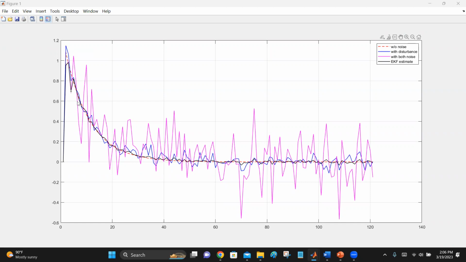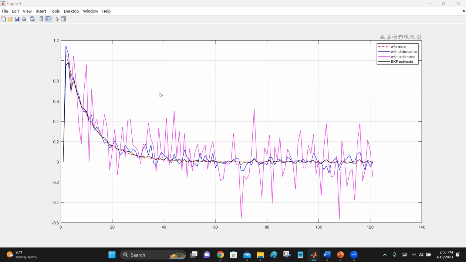So every step the value is multiplied by 0.9, right? So the value of x2 is only 90% of the previous value. It goes like that. So pretty obvious, right? So this is the shape of the actual state.